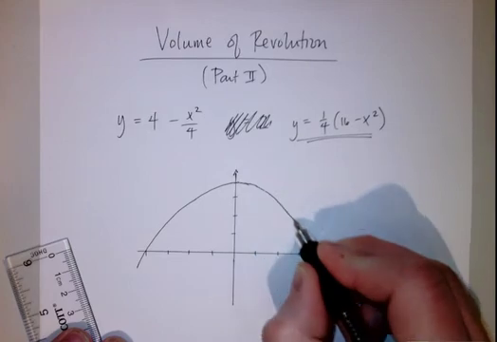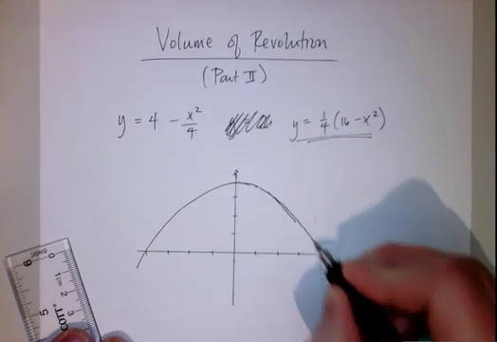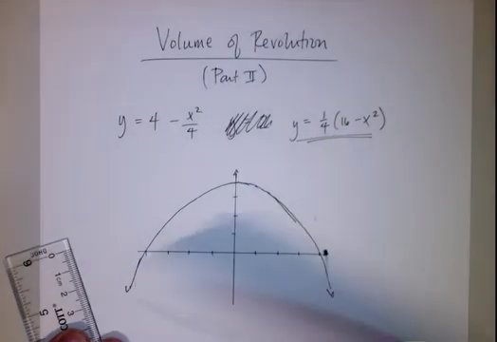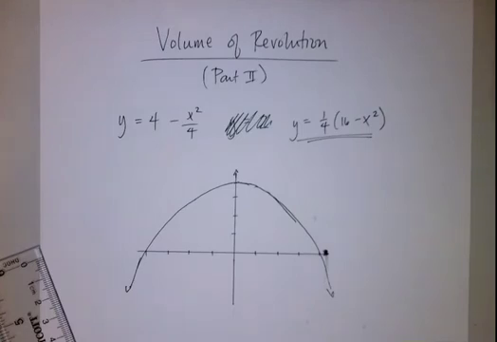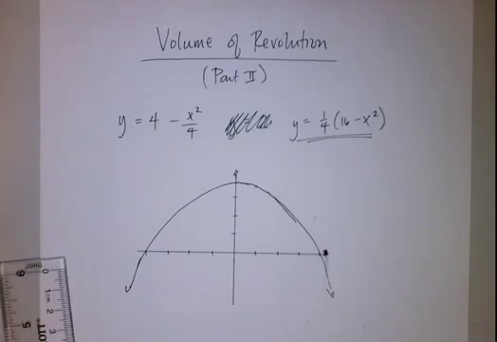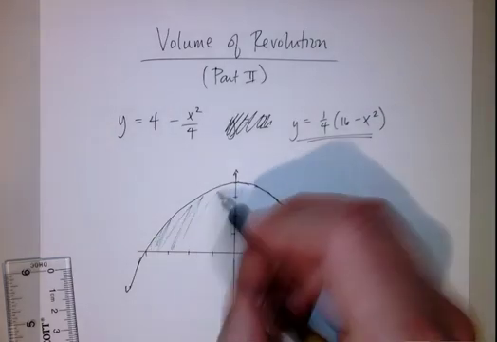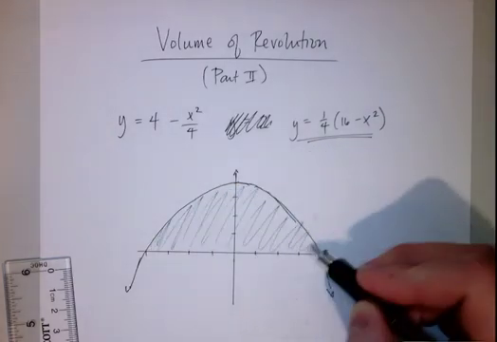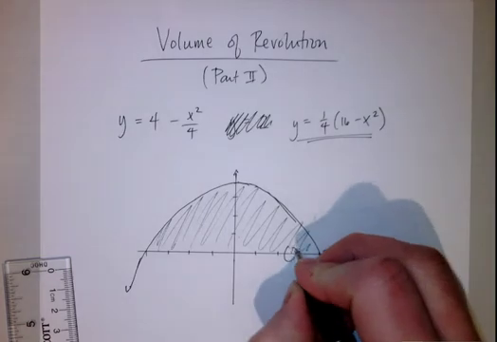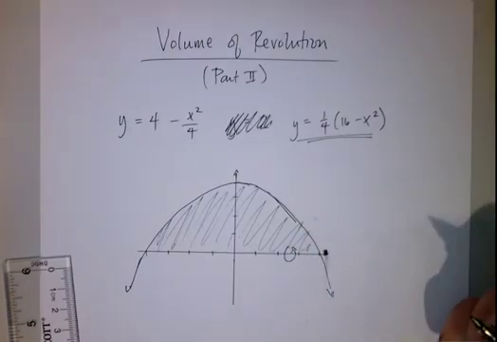This is really hard to draw like this, but this is generally the shape of that upside down parabola. Now let's say I'm asked to take this area right here and revolve it around that axis.